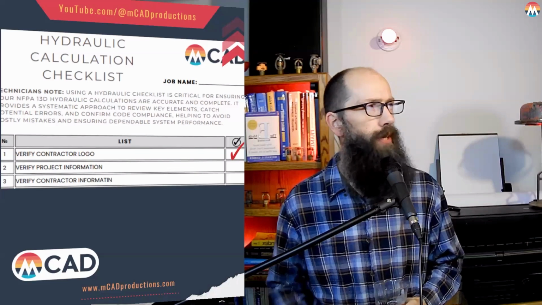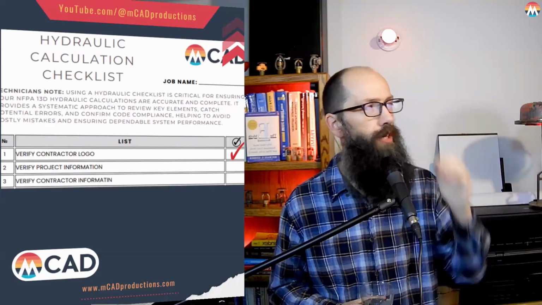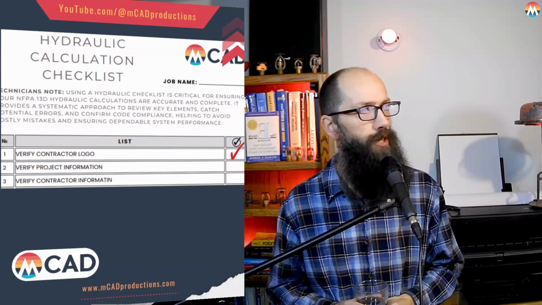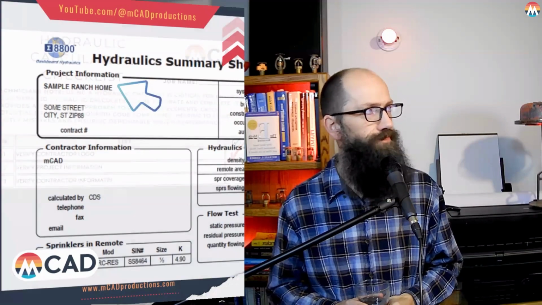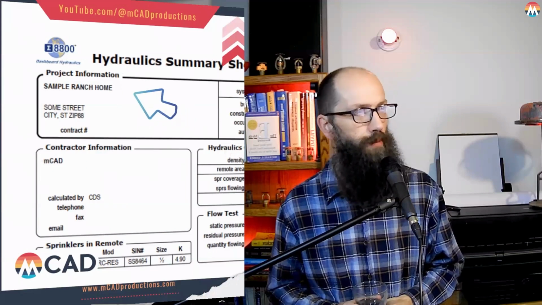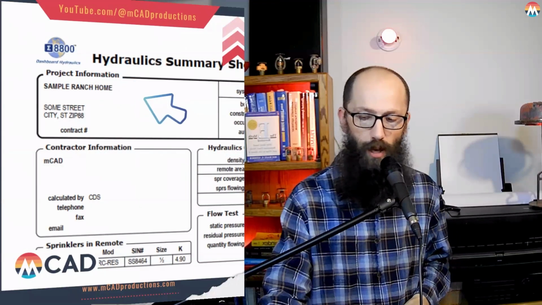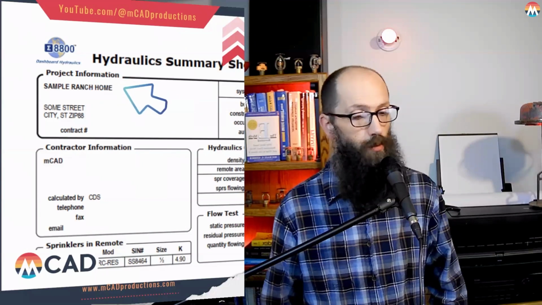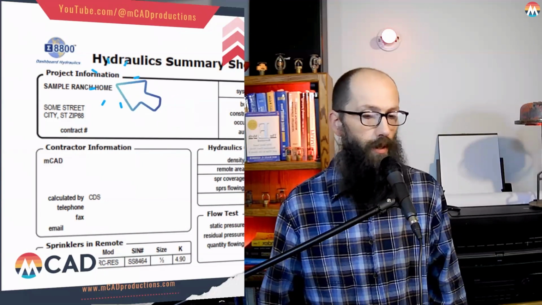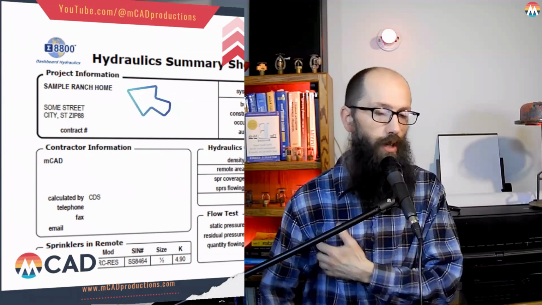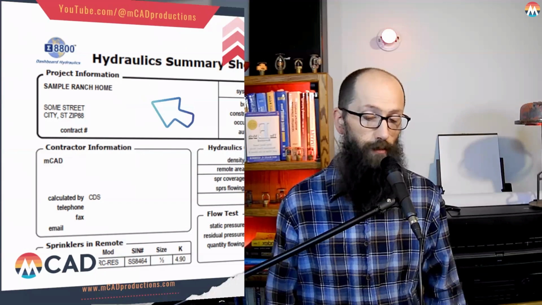All right, so we went through the contractor logos. Now we're looking at verify project information. So the project information is this box on the upper left hand. And I'll want to note that this report is where everything is laid out, pretty much what's on here is per NFPA 13.